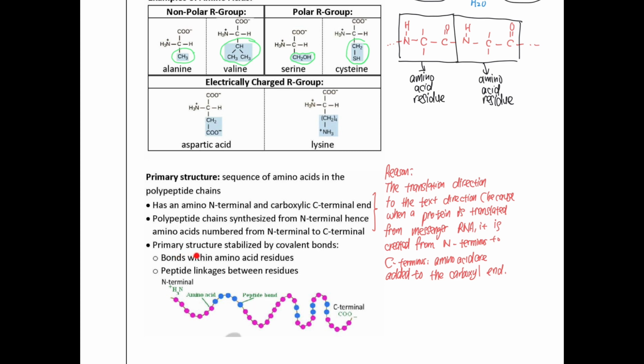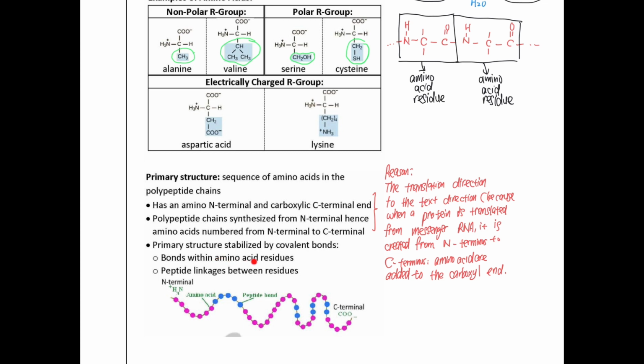And bonds within amino acid residues. This is a residue, this is a residue, and the bond in between is the peptide bond. This peptide bond is strong, and because of that, it makes the polymer more stable and it doesn't break easily. Peptide linkages between residues. So what is the difference between the first one and the second one?